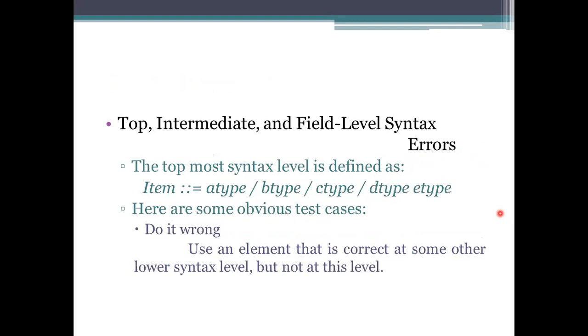So what test cases will be involved to test this syntax? We need to go with a step-by-step procedure. The first one is to consider the lower level syntax, that is a definition. Here we didn't provide the definitions of A type, B type, C type or D type.